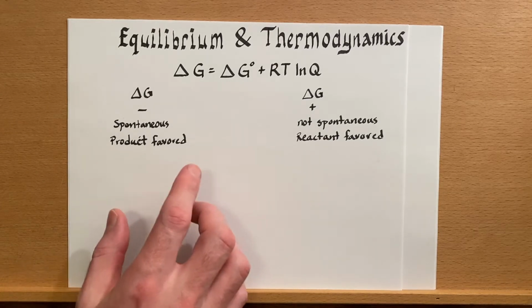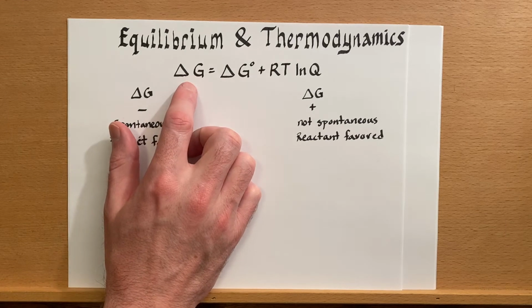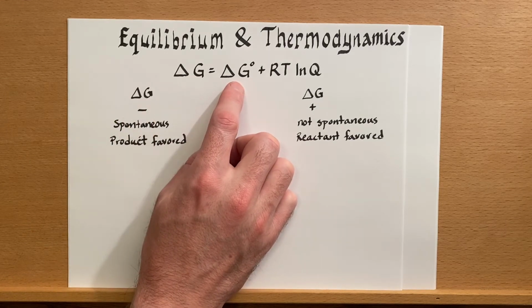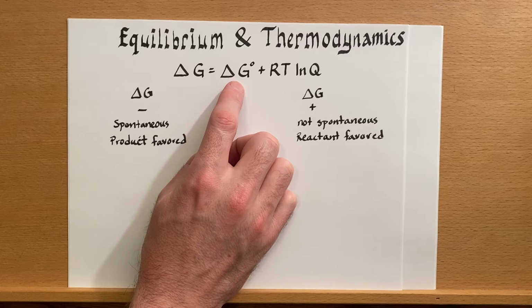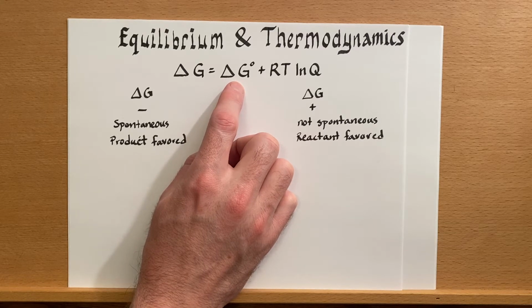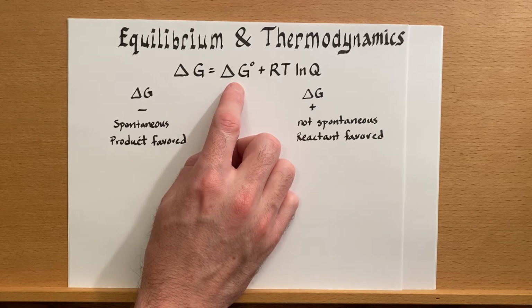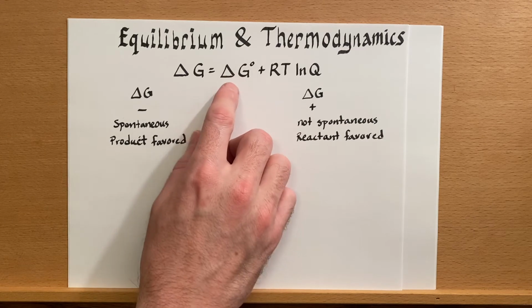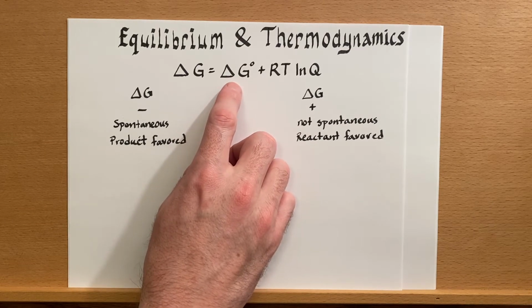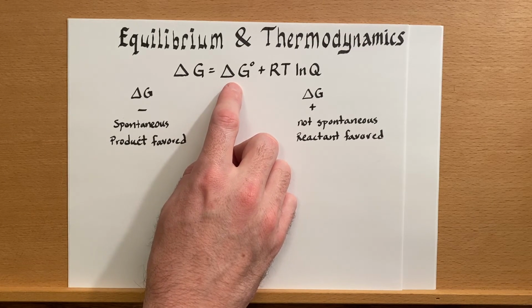And so we have delta G equals the standard delta G, which we can get from calculating using the standard enthalpy and entropy values. Remember, delta G equals delta H minus T delta S. That's where this comes from, or you may actually look these values up in a table.